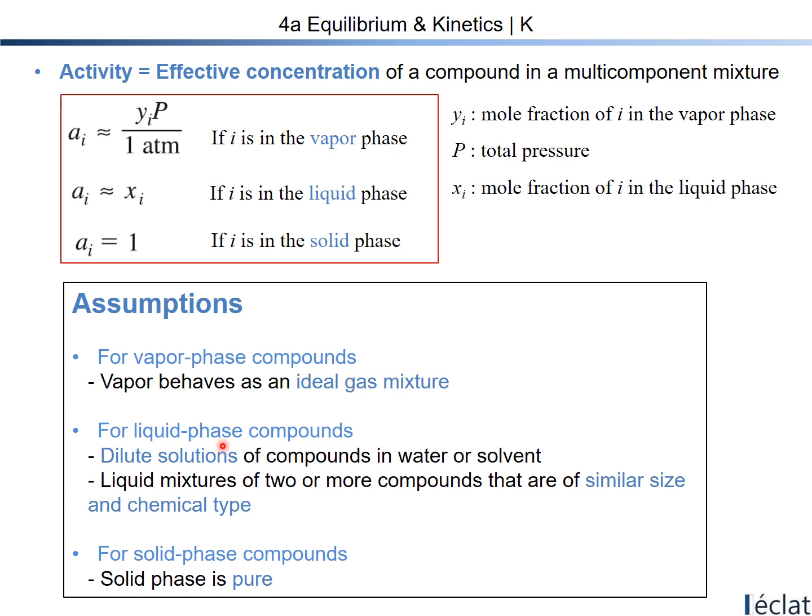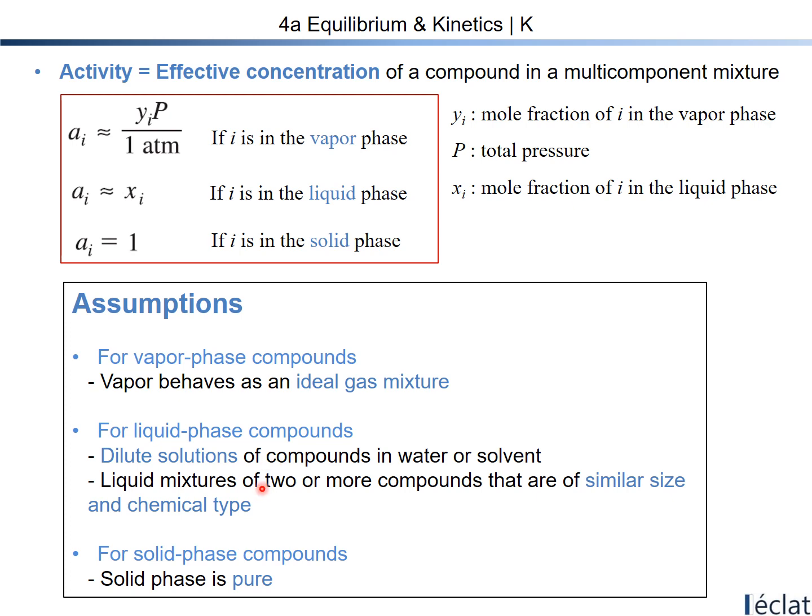How about the liquid phase compounds? The first liquid phase compounds would be solutions. Solution means we have some solutes inside of the solvent. So in that case, the solution should be dilute solution. It means there are no very strong interaction between solute molecules inside of the solvent.